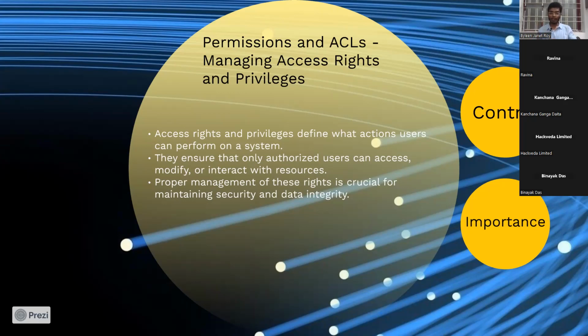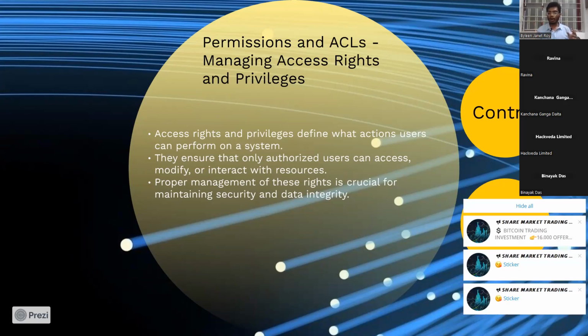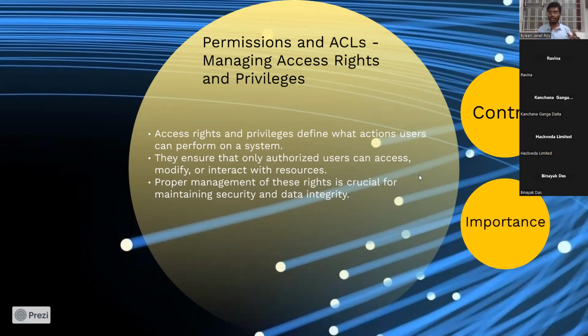Proper management of these rights is crucial for maintaining security and data integrity. Yes, exactly. It is very important to have clear control over the access provided to the users, so that the proper security as well as the integrity can be maintained over the system.